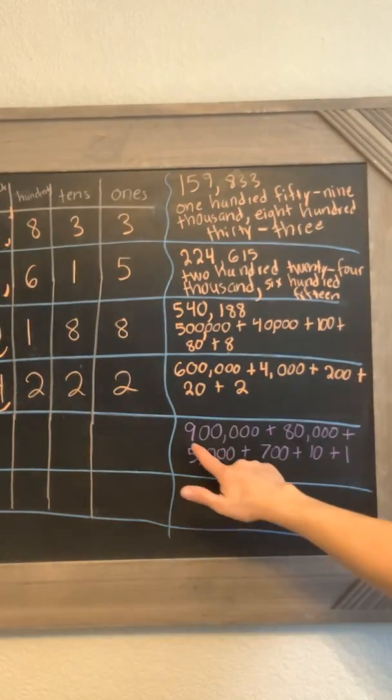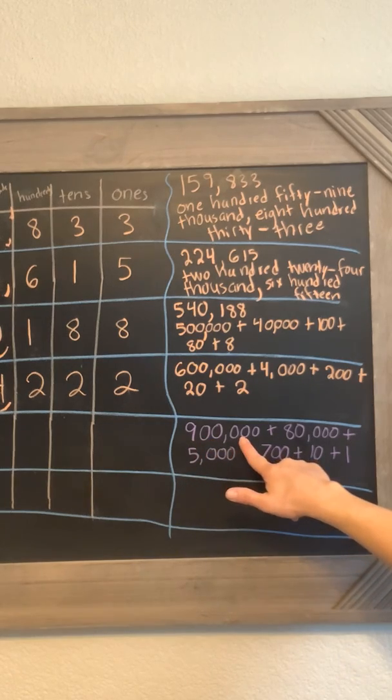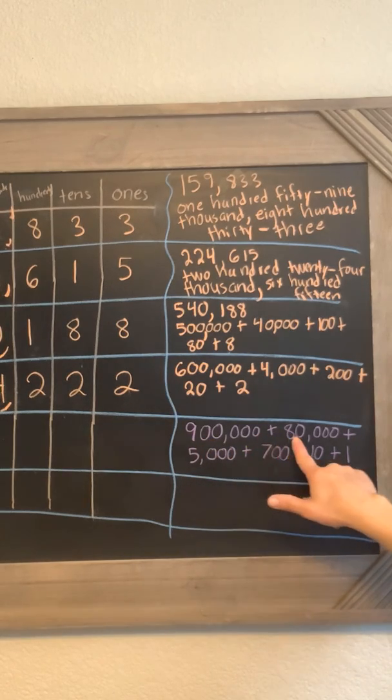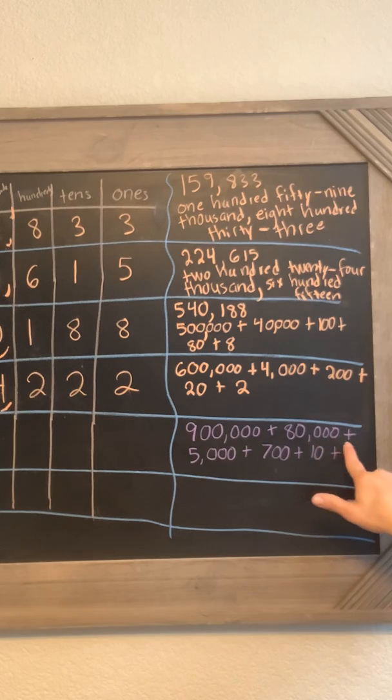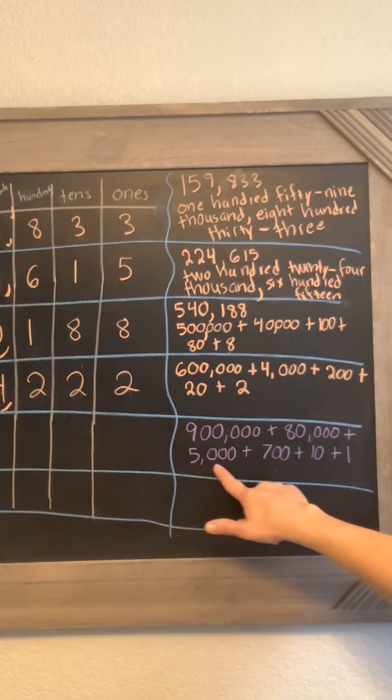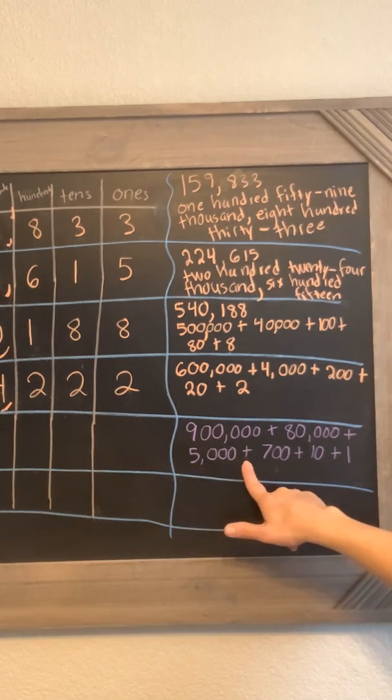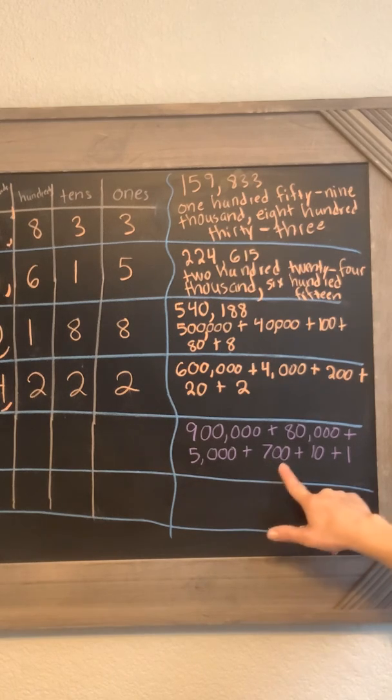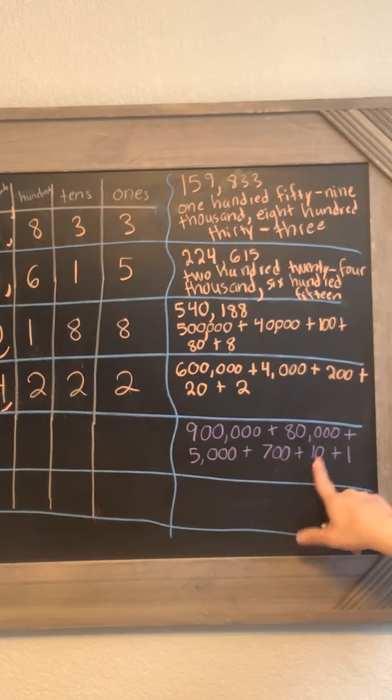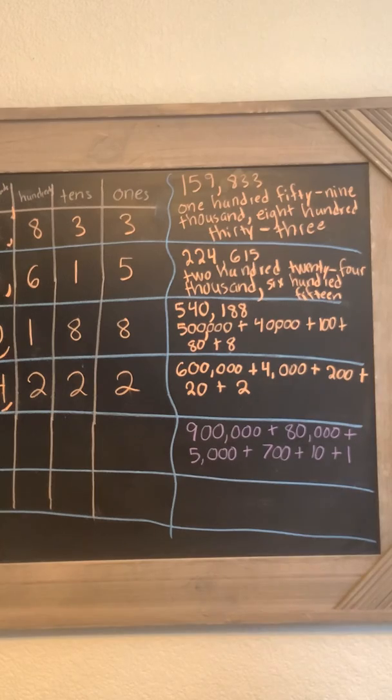I have 900,000 plus 80,000 plus 5,000 plus 700 plus 10 plus 1.